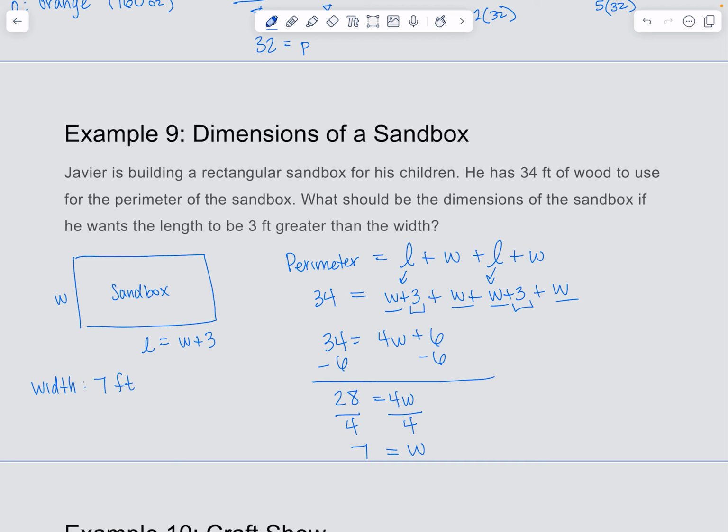So our width is 7 feet. That means our length, because it has to be 3 feet greater, is going to be 7 plus 3, 10 feet. So our sentence would be, Javier would build the sandbox with dimensions of 7 feet by 10 feet.